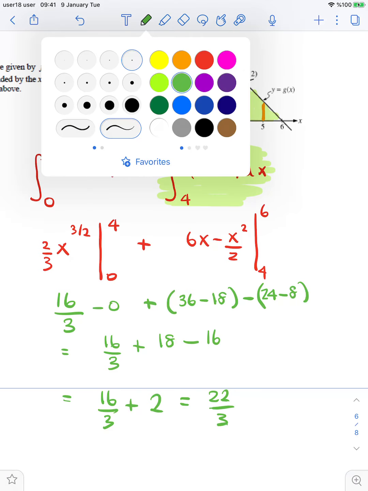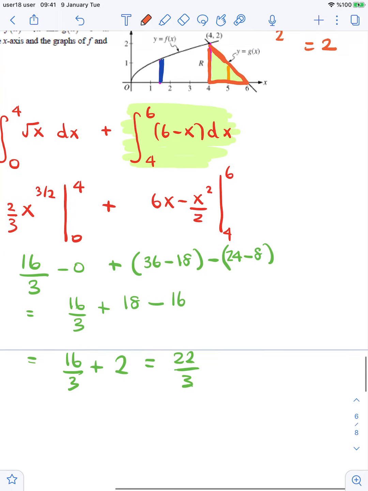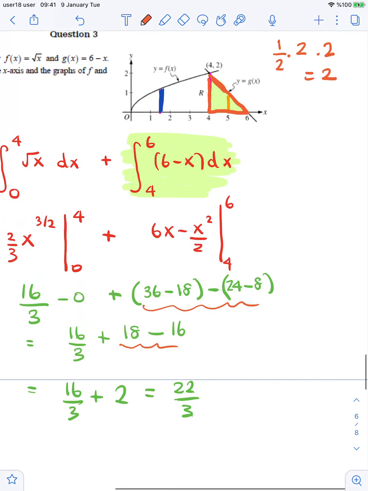But for people who are very quick thinking, they could have saved themselves a bit of time by simply saying, well, hang on a minute, Mr. West, this is a triangle. And we know that the area of the triangle is 1/2 times the base, which is 2, times the height, which is 2, and the answer is 2, which of course is what we got from this bit here.